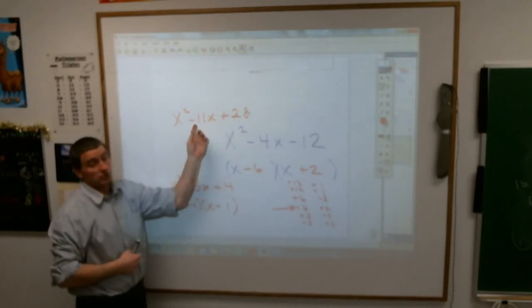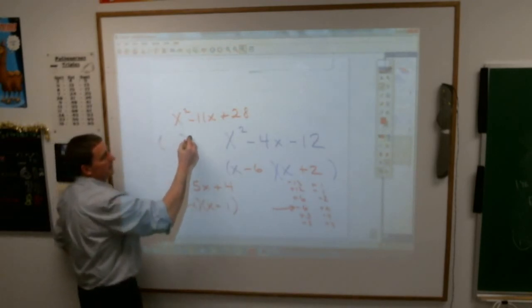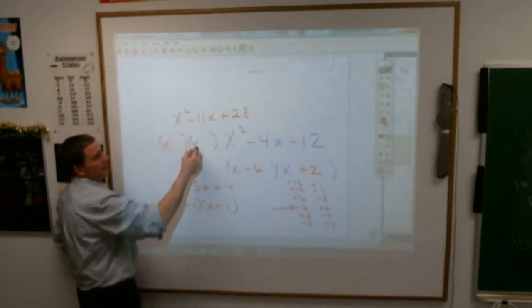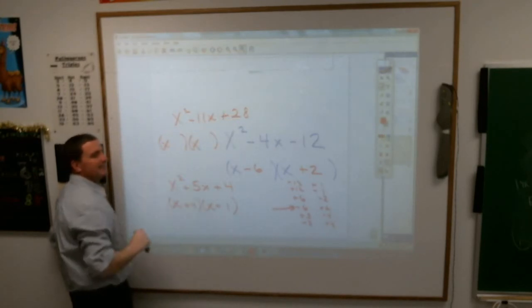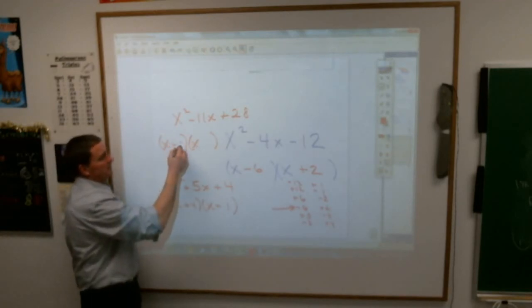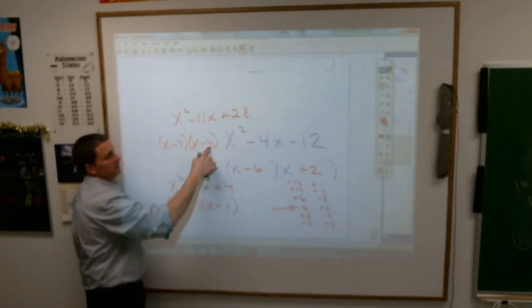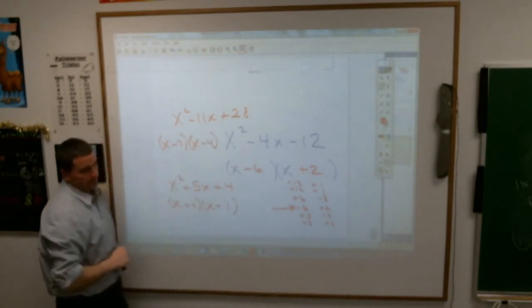And if they're both positive, there's no way you're going to get a negative number. What would this be? X and X. What times what gives you a positive 28 and when added together gives you a negative 11? A negative 7 and a negative 4. Negative 7 times negative 4 is positive 28, and they add to negative 11.